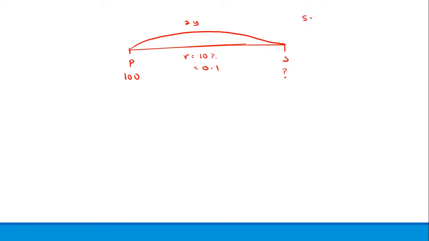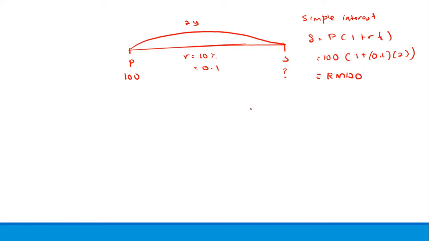For simple interest, S equals P times 1 plus RT, which is 100 times 1 plus 0.1 multiplied by 2 for 2 years, and you will get $120. Okay, that is for simple interest.